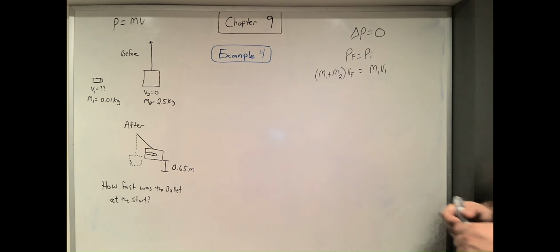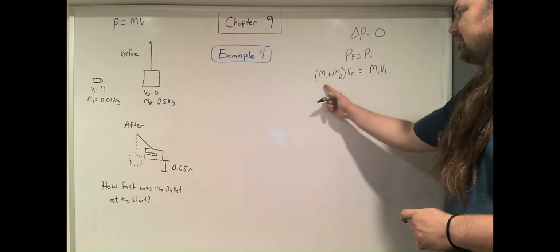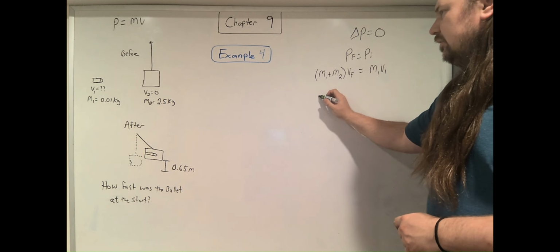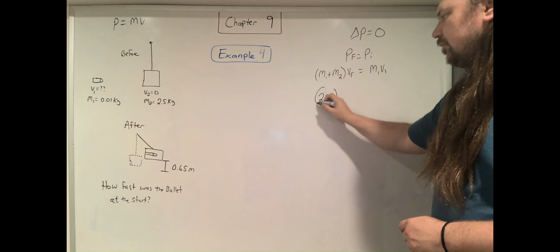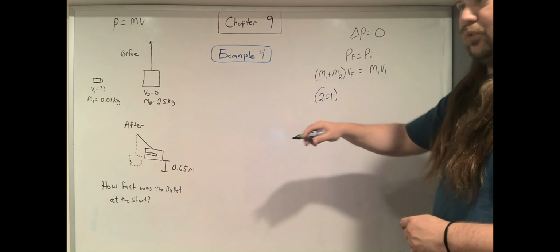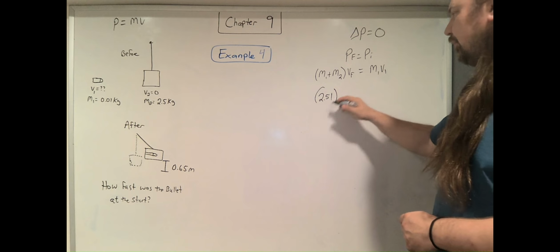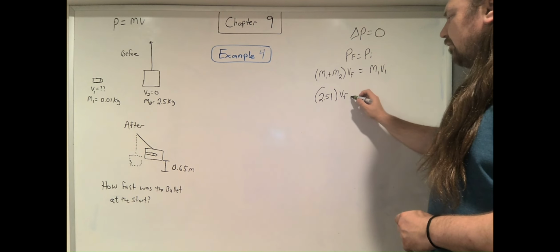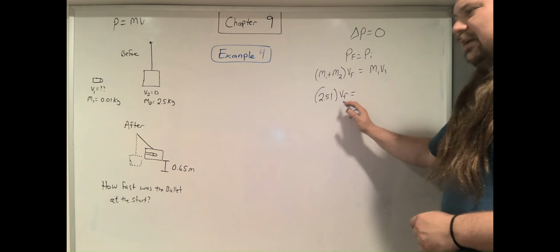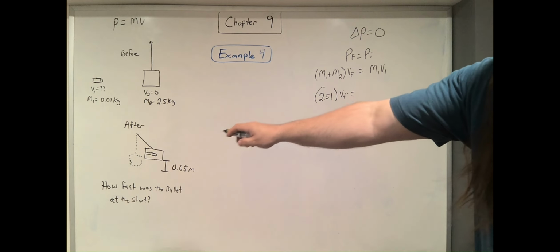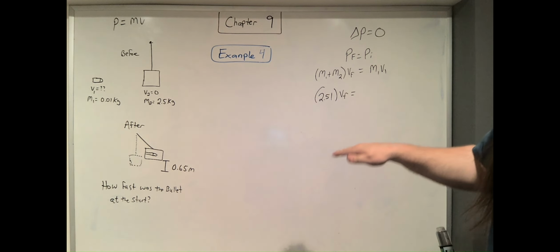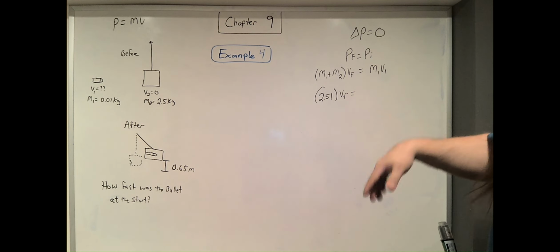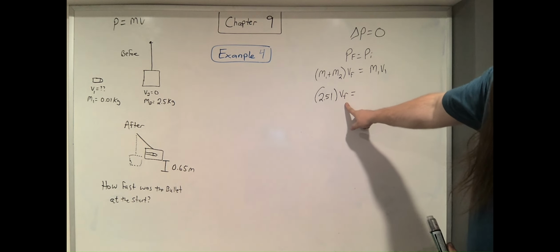So if I start putting some stuff in, mass 1 plus mass 2 is just going to be 2.51 kilograms. The 2.50 plus 0.01 kilogram for the bullet times some final velocity. Now, that final velocity, you would think, if you bring it up and eventually it comes to a stop, it has risen up on that string and stopped, that this would be a 0.